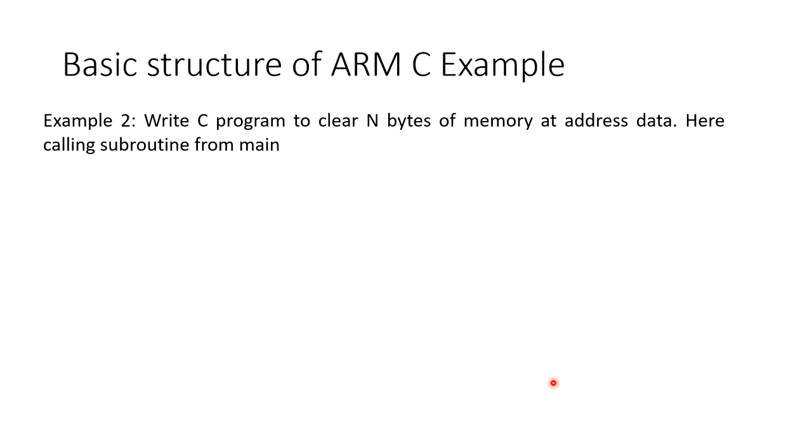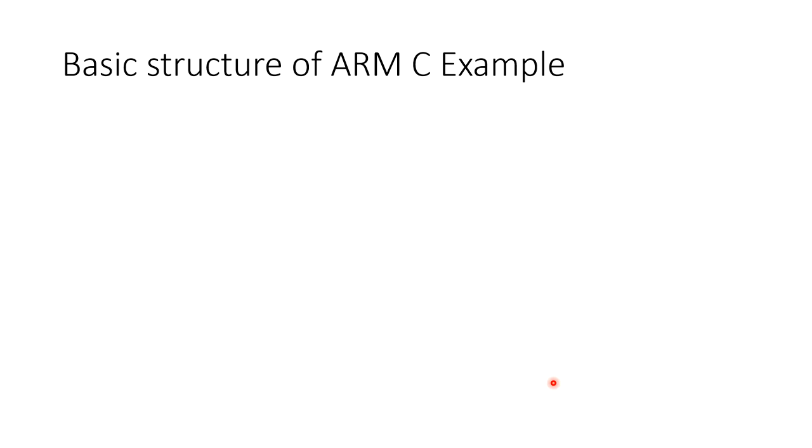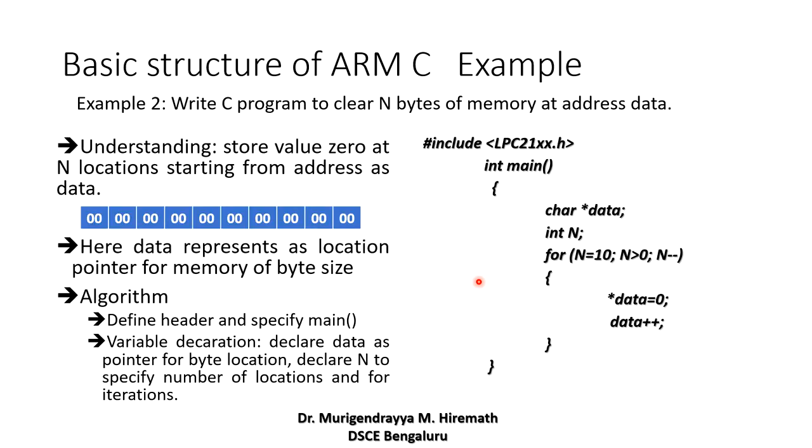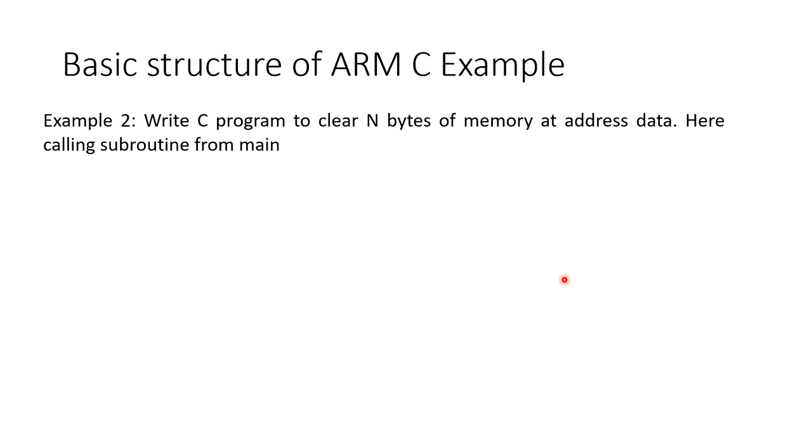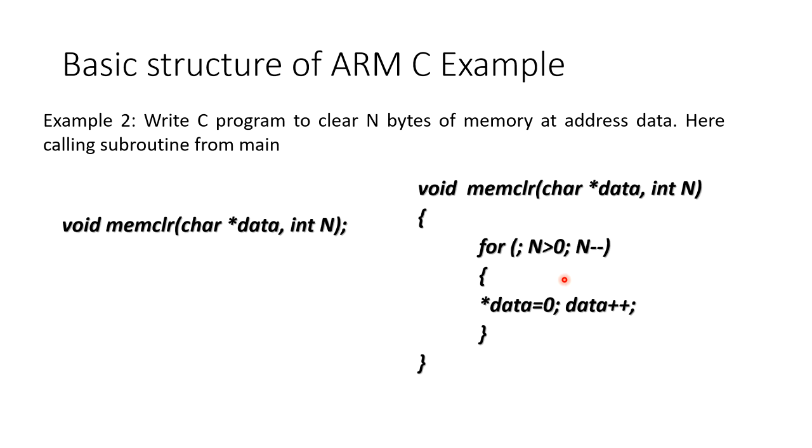Next, the same program you can write like this. In this program, the memory clear is a part of the main. Even this clearing of the memory, the routine to clear the memory, can be written as a subroutine or a function. So how to write this program? Same program, see here, a function is used to clear the data from the location, and n is decided while passing the arguments.